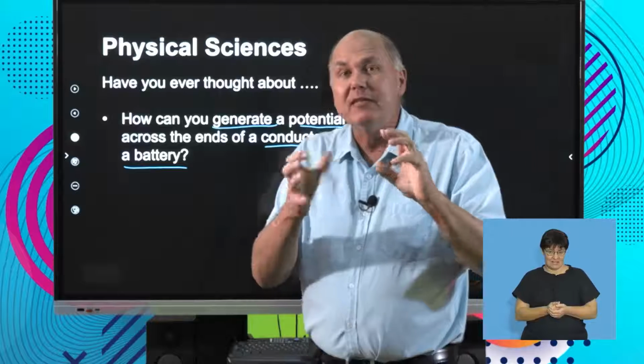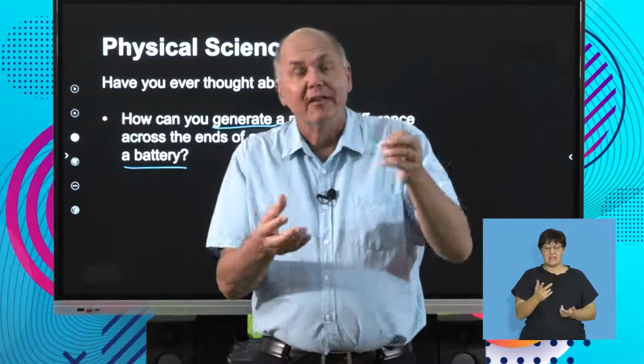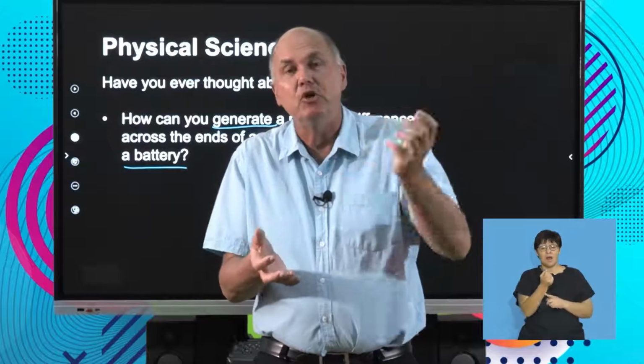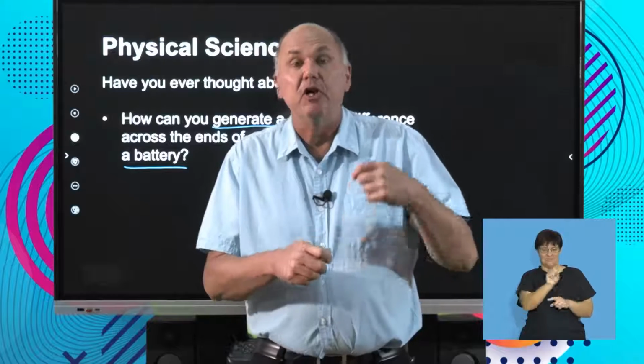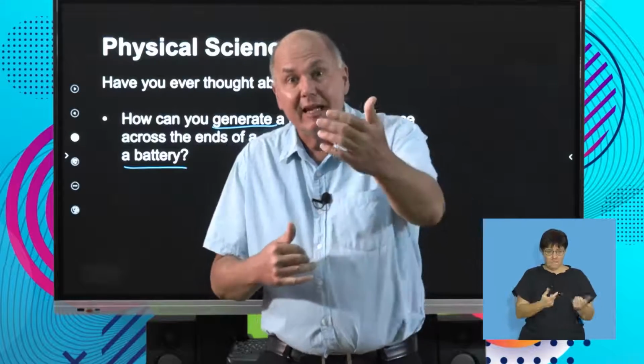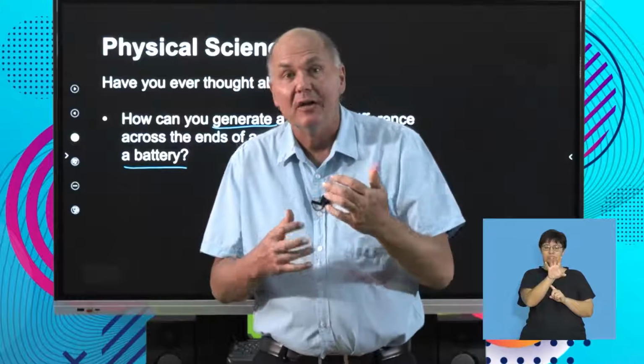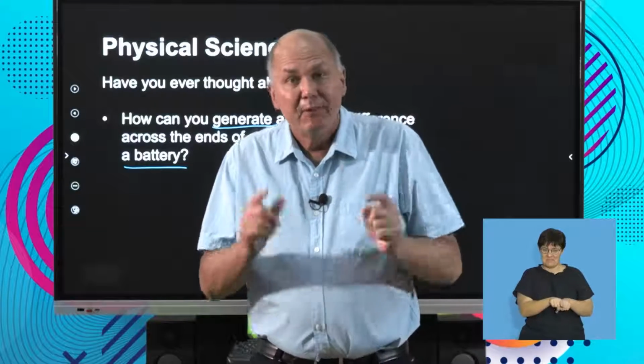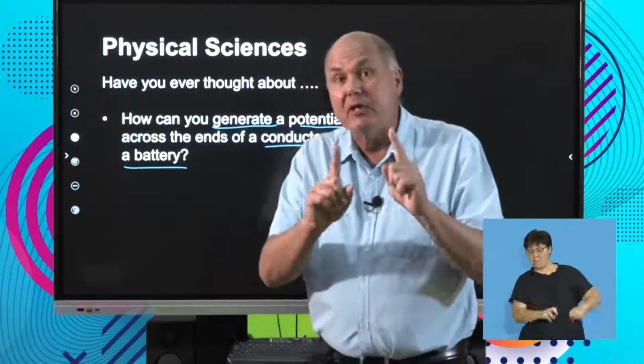And maybe you've seen those sort of torches that have got magnets in them that you shake. Well, that's exactly the principle that we're looking at here. If you look at a bicycle as well, you turn the wheel and you'll find that the light on the bicycle goes on. It's the same principle. But let's dive into it and let's see what it's all about.